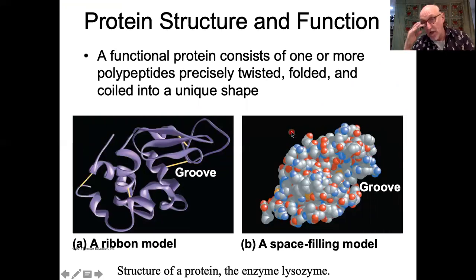When you have a look at diagrams of proteins, you'll see that they're often very, very large and extremely complex, and biochemists use various ways to try to describe them graphically to understand their function. And here is one. This is an enzyme called lysozyme. Lysozyme is naturally produced.